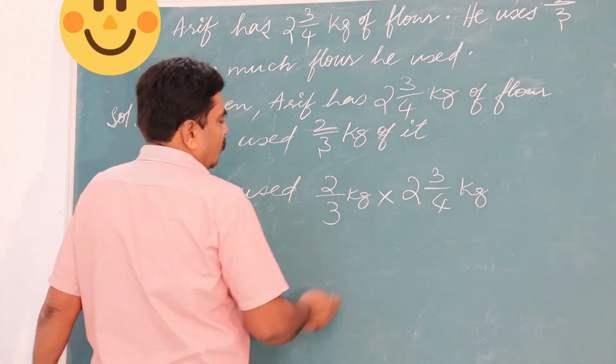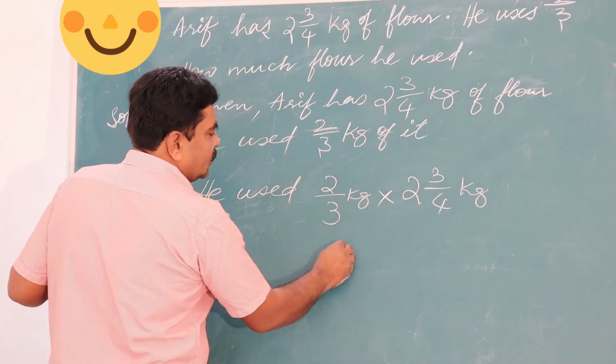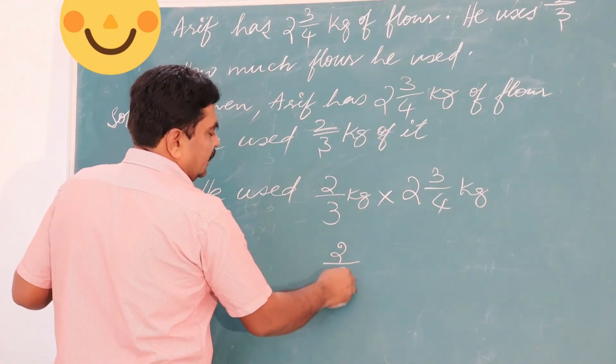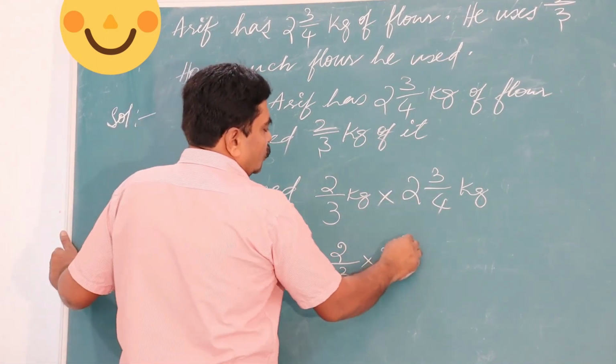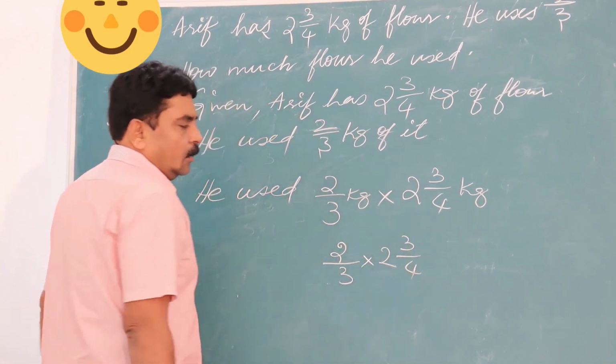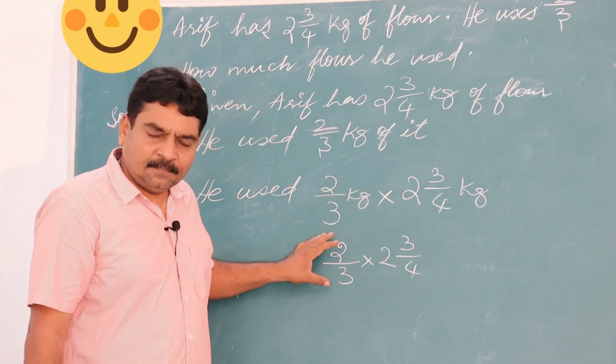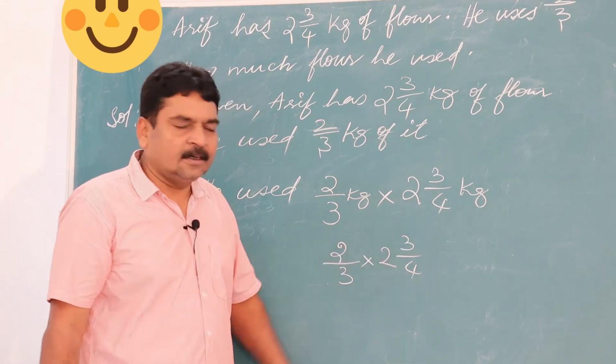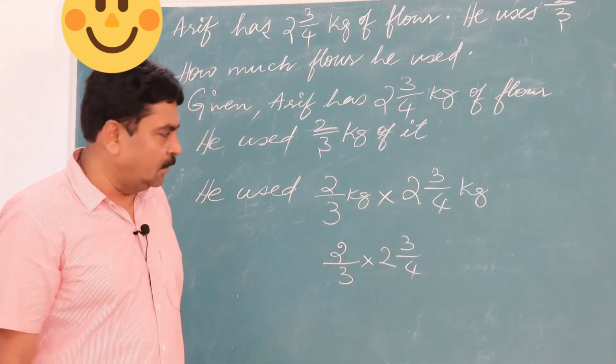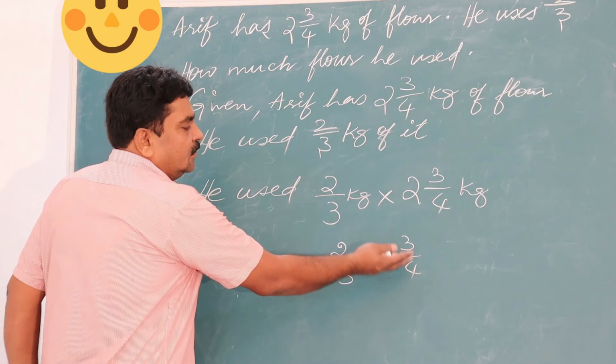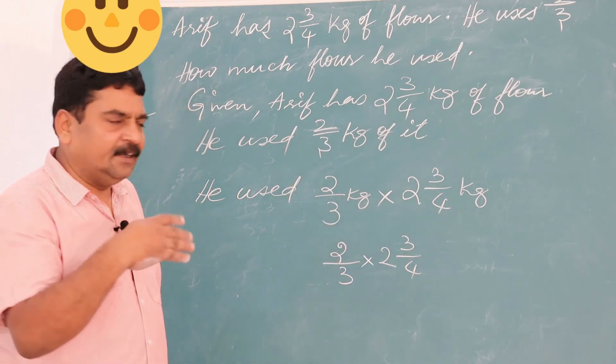So we'll do it now. We'll take only the values here. So 2 by 3 into 2 3 by 4. This is your fraction form and this is your mixed number form. We'll convert this first into a fraction.